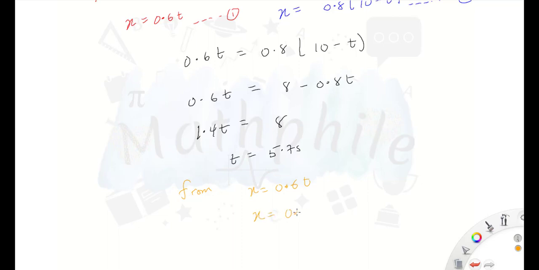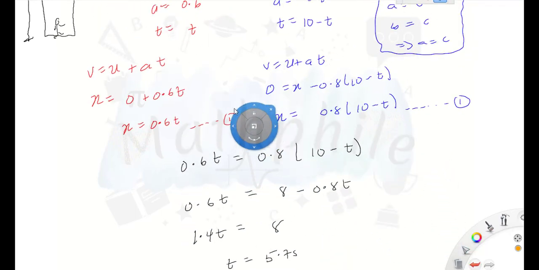So x is equal to 3.42, sorry. And that answers the question. It's a little bit lengthy, but if you know what you are doing, you're good to go.